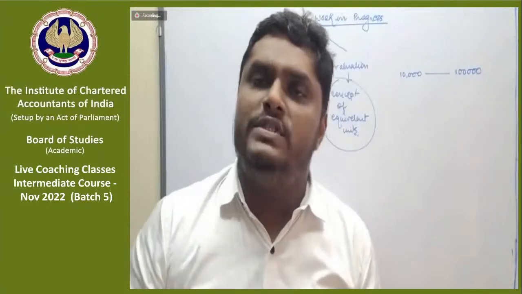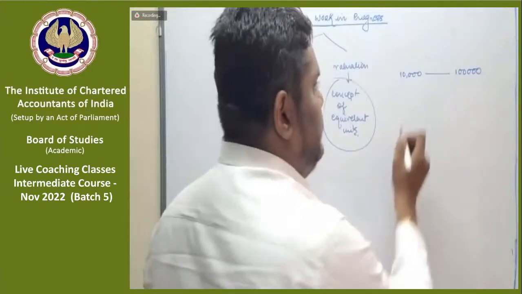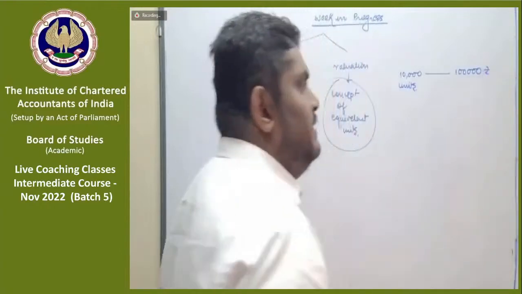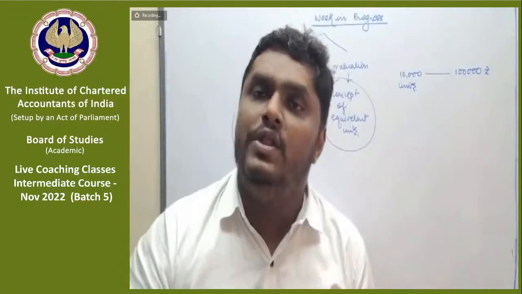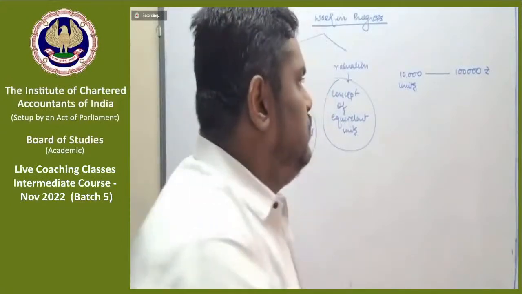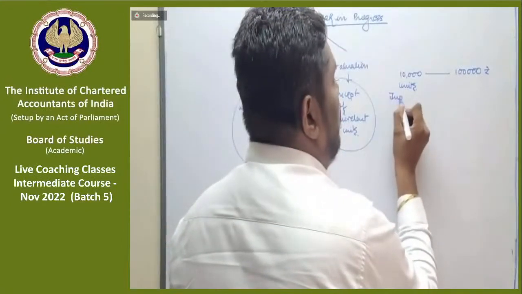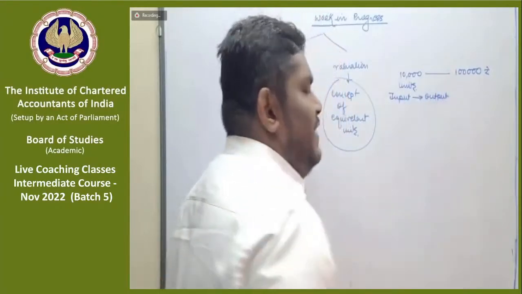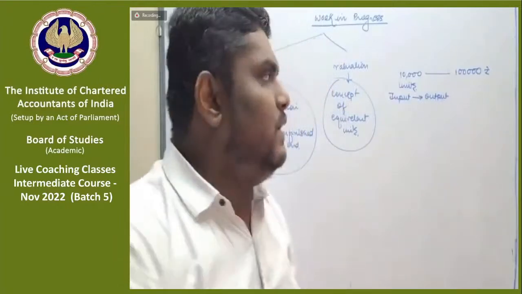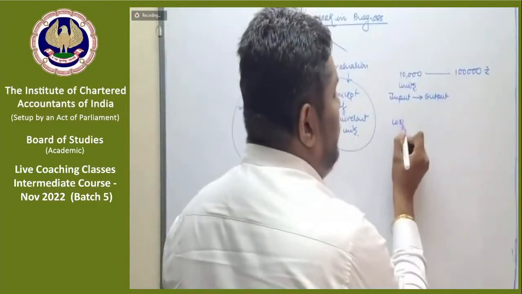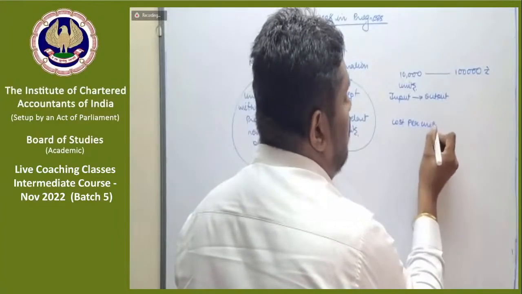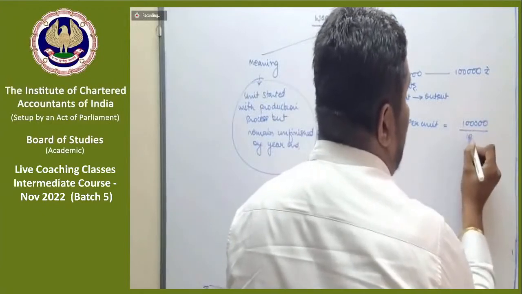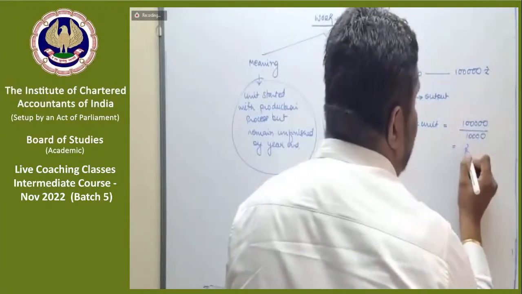The total inputs made during the year is 10,000 units and the total cost incurred is 1 lakh rupees. Now the output is, let's assume, 10,000 units only. So in this case, we can easily calculate the cost. That is, the cost per unit will be how much? Very simple, 1 lakh divided by the total output, that is 10,000 units. So it is rupees 10 per unit.